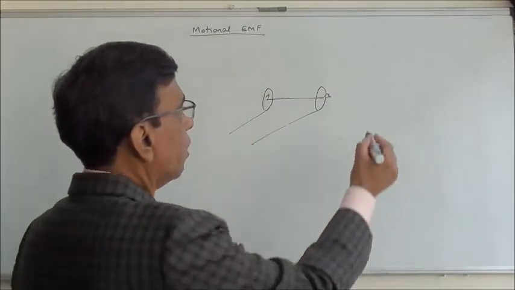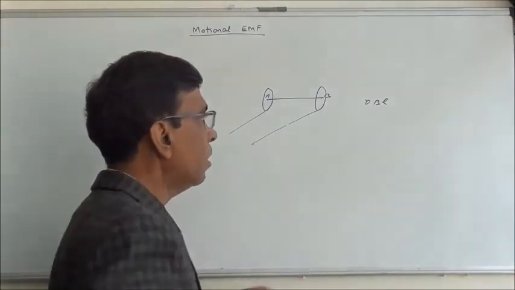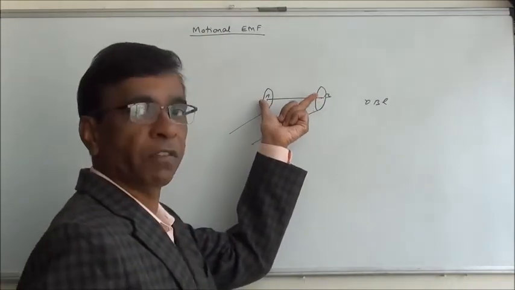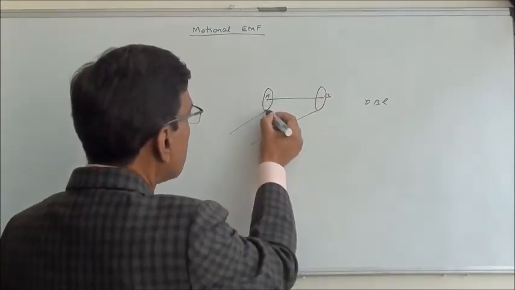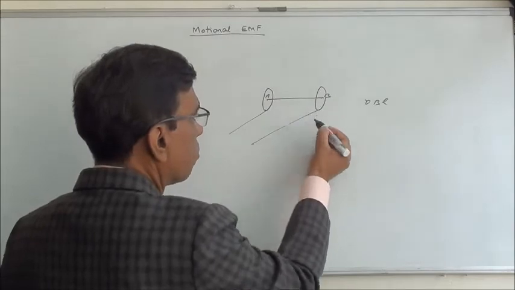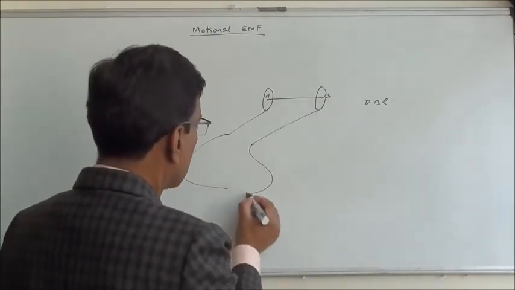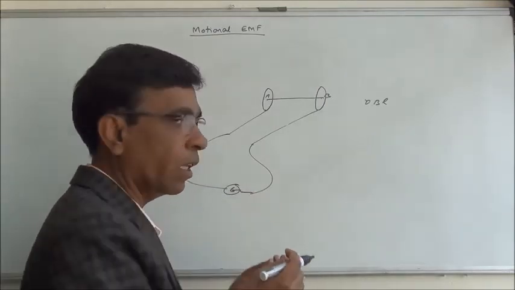Just as we have calculated, it is VBL, where V is the speed and L is this length. There will be a potential difference between the two points, and we may connect it to some source, say a galvanometer, and get a deflection.